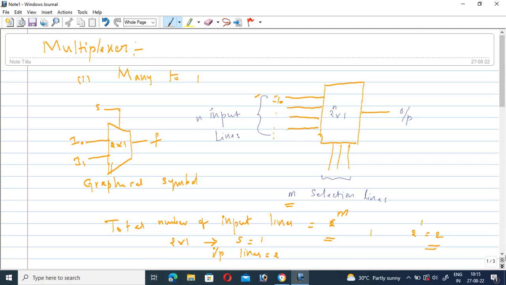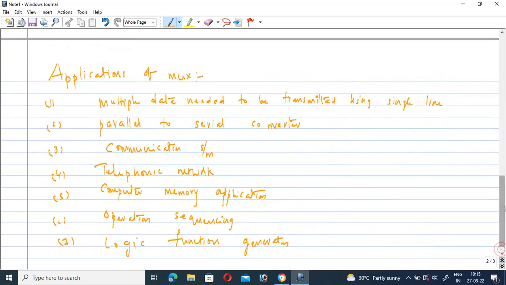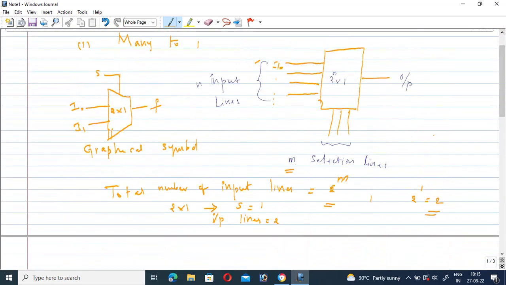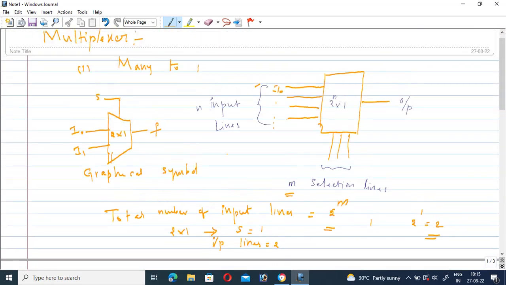Suppose you want to know how many selection lines are required for a particular multiplexer. We have a formula for that purpose also, the selection line formula. Let us see here. Consider a 2 by 1 mux.